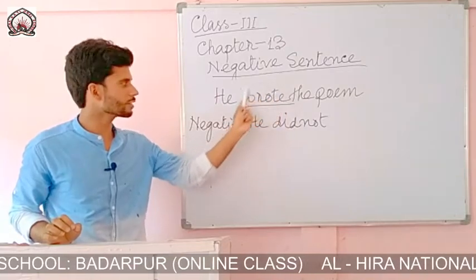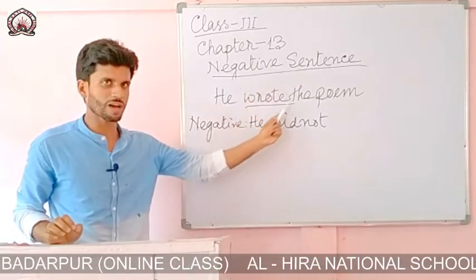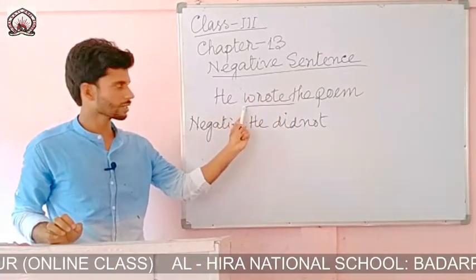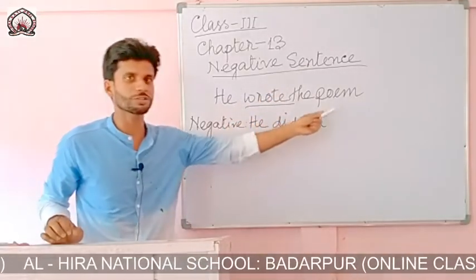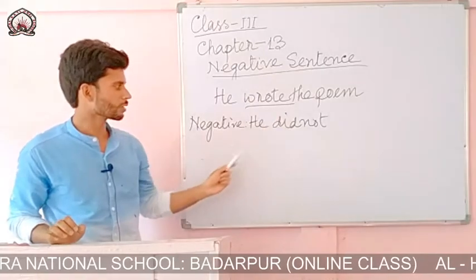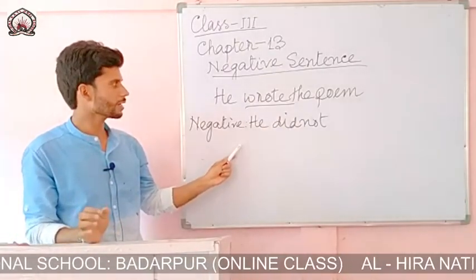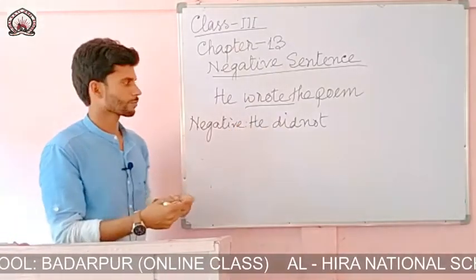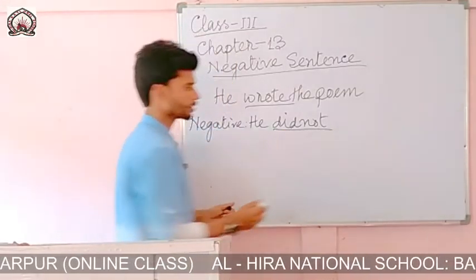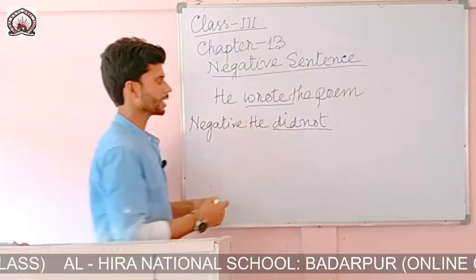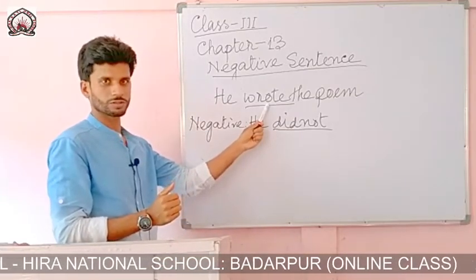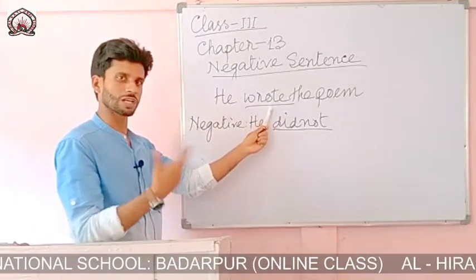Whenever the verb is in past tense, after the subject we have the past form of the verb. Whenever a sentence is in this tense, how to make it negative? We shall write did not after the subject. He did not. Then the main form of this verb will come.